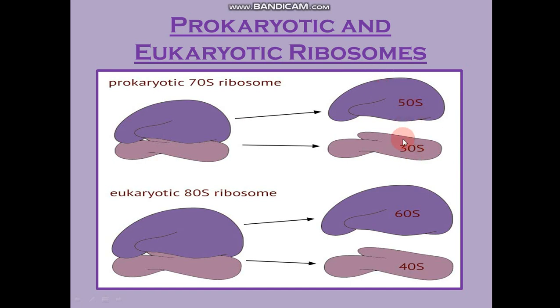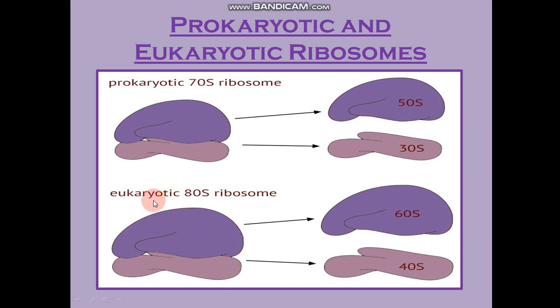See, one important point of confusion generally experienced by batches earlier than you was that 50 plus 30 is 80, but it is not 80, it is 70. So you don't have to use your mathematics here, because it is not like that. The 70S prokaryotic ribosome will have 50S and 30S subunits. Although 50 plus 30 is 80, the ribosome type is 70.